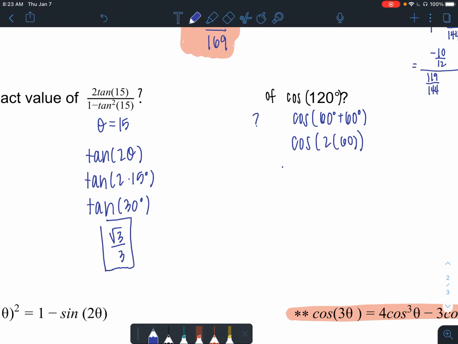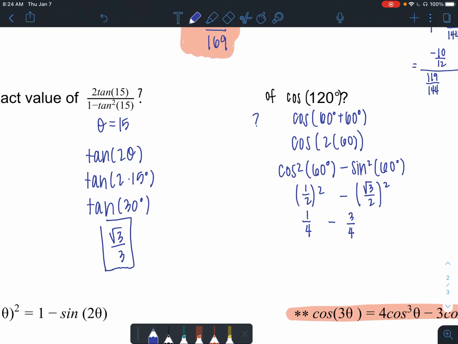So then I can do cosine squared of 60 minus sine squared of 60. And so then cosine at 60 is 1/2 squared. Sine at 60 is radical 3 over 2 squared. So we get 1 over 4 minus 3 over 4.